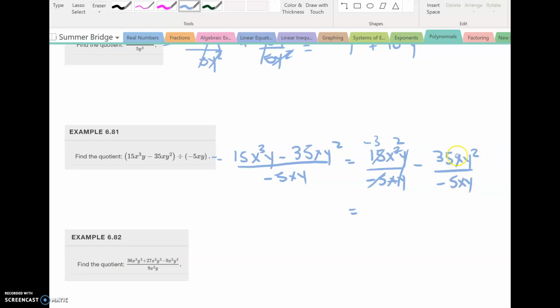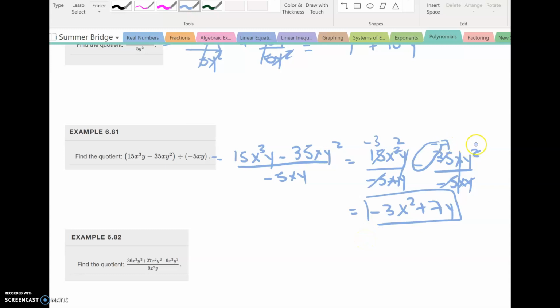All right, so here the x's cancel, and then the y goes into the y squared twice, well, cancels out with one of them, and then 35 divided by negative 5 is going to be negative 7. So I have negative 3x squared, and then I have two negatives here, so plus 7. The x's have canceled, and I'm left with a y.